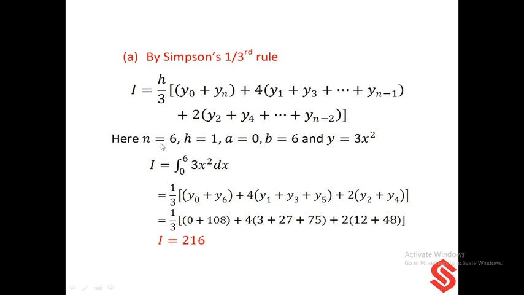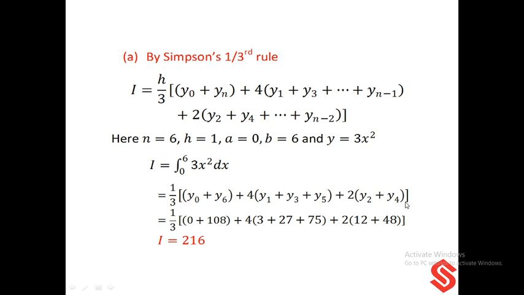So since n is equal to 6, we have 7 ordinates, that is y0 to y6. So the formula becomes I is equal to 1 by 3 into y0 plus y6, that is the sum of the first and last ordinate, plus 4 times the sum of odd ordinates y1 plus y3 plus y5, plus twice the sum of even ordinates y2 plus y4.